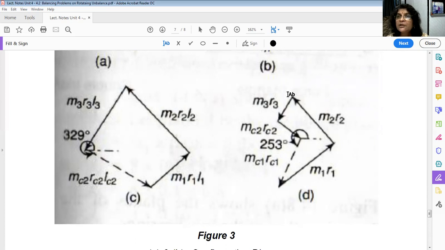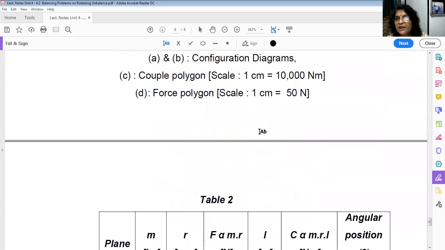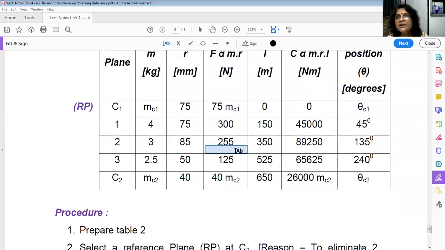Now you have to draw the third vector representing the third force, M3R3. What is the value of M3R3? See here, M3R3, here 125. So 125 divided by 50 is approximately 0.6 centimeter. And what is the angle? 240 degree.